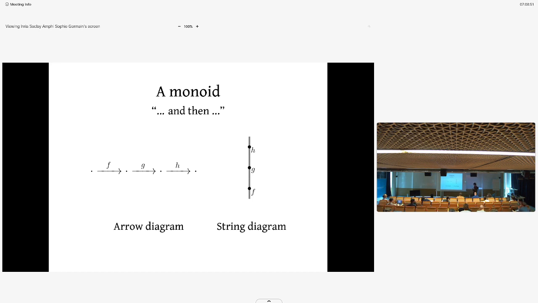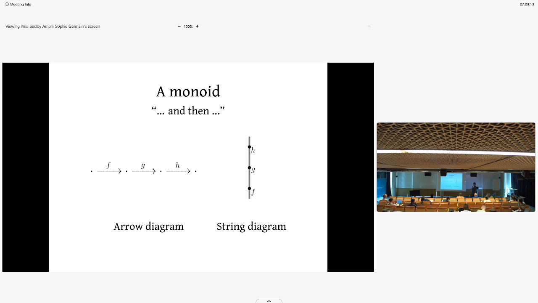So, monoids are our basic storytelling device: we have an F, and you won't believe what happens next, G. So, arrows are great, but string diagrams I think are amazing as well.